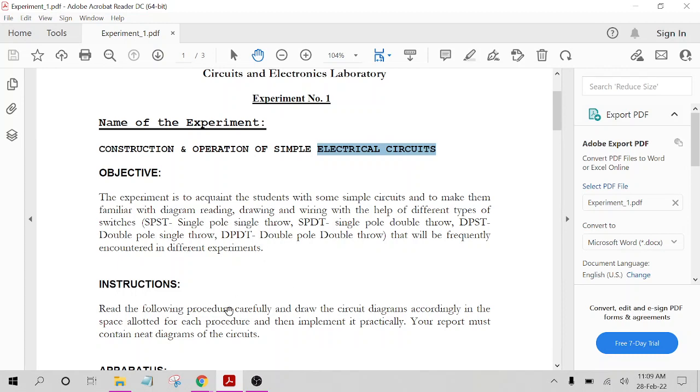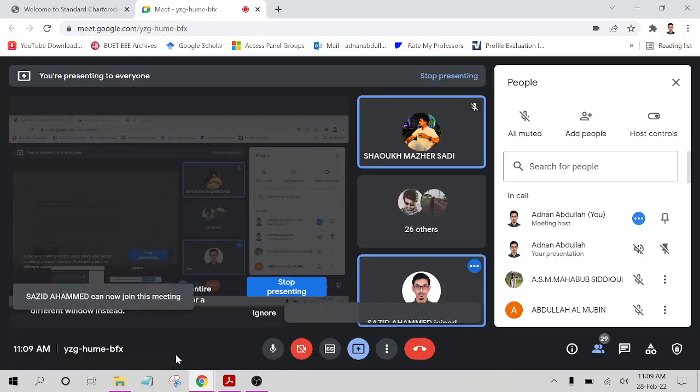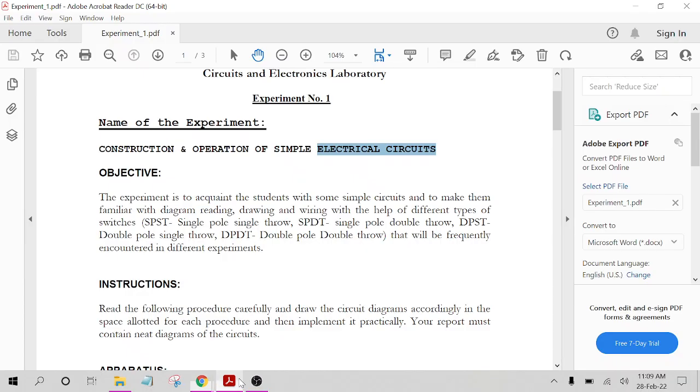Now, mechanical switches we can classify in 4 categories. The simple one is called SPST, single pole single throw. Now let's understand what this pole means and what this throw means.